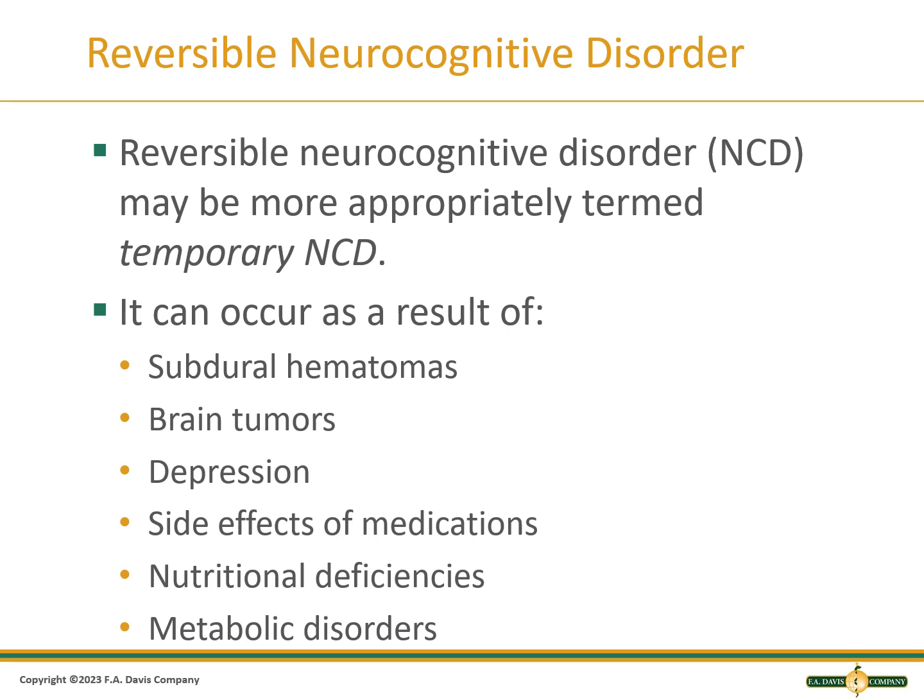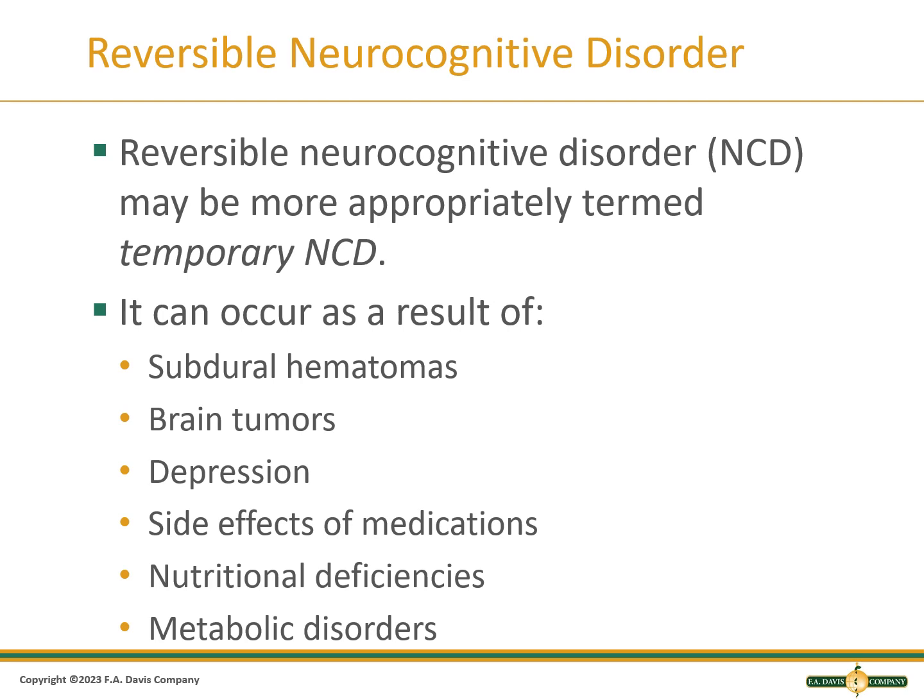So, reversible neurocognitive disorder: only a small percentage of cases fit this, and if this happens, it's not really neurocognitive disorder as we usually think about it. These are things like brain tumors, depression, side effects of medications, metabolic or nutritional problems.